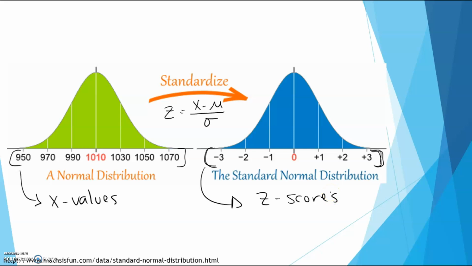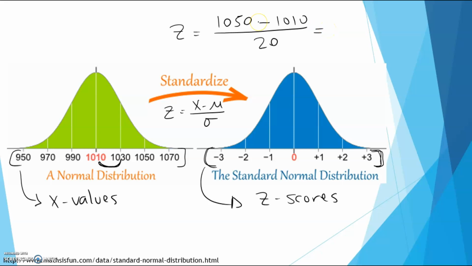So for example, say we took 1050. I'm going to take z equals 1050 minus my mean, which is 1010, divided by my standard deviation, 20.